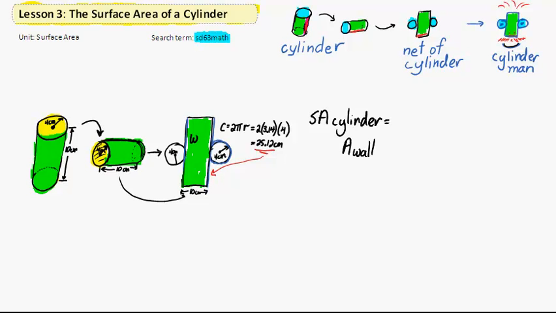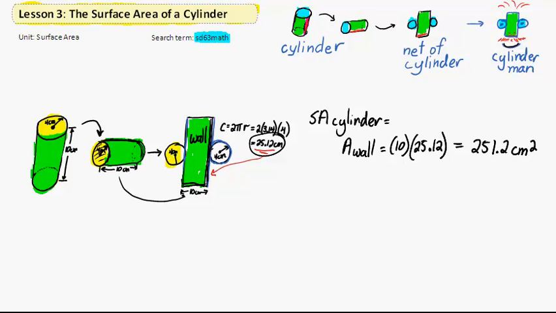By wall I mean this part right here, and that is equal to the length of 10 times, well, actually, let's call it the width, it's shorter, doesn't really matter, times the length, which was equal to the circumference of the circle, 25.12. Well, that's multiplying by 10. That's 251.2 centimeters squared. That's the area of the wall.